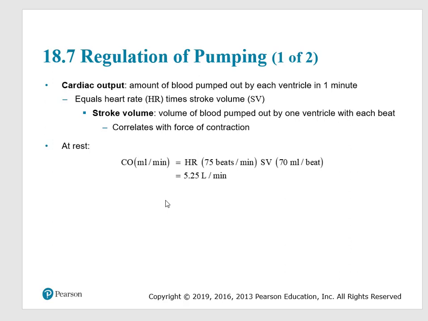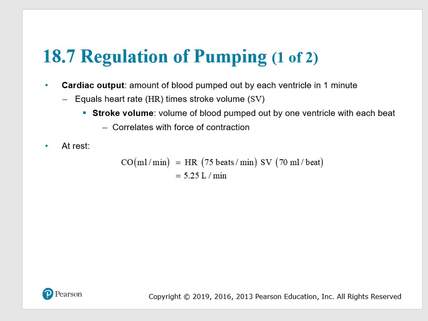So what determines the amount of blood pumped by your ventricle in 1 minute? Heart rate, how many times the heart beats, and stroke volume, how much blood is pumped out of the heart. What is stroke volume? Stroke volume is the blood pumped out by a ventricle each beat.